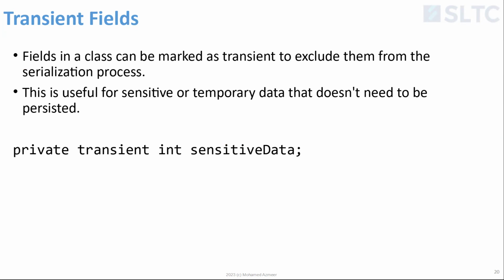So for example, I have a variable called sensitiveData. It's an integer type, it is private to the class, and I put the word transient in front of that. So when I do it, this will not be stored along with your data. This is suitable for secrets, credit card information, passwords, stuff like that.